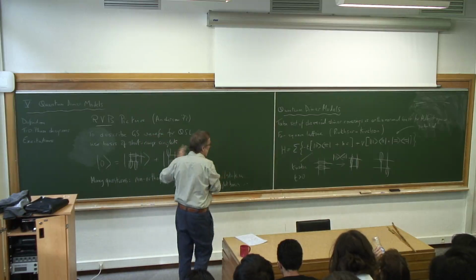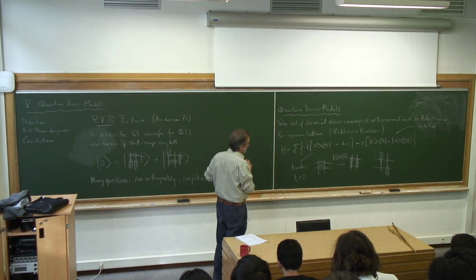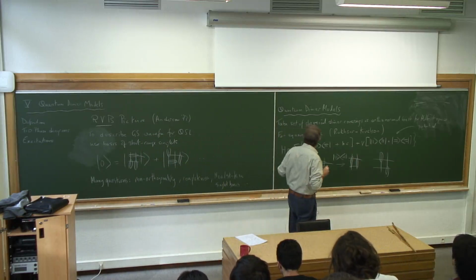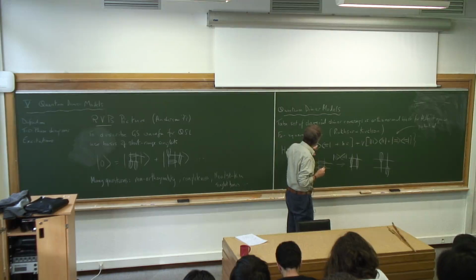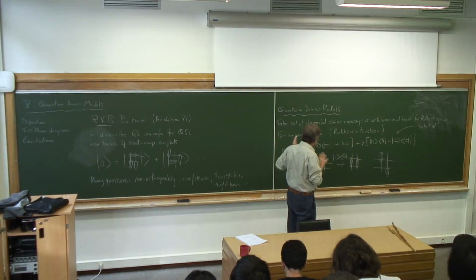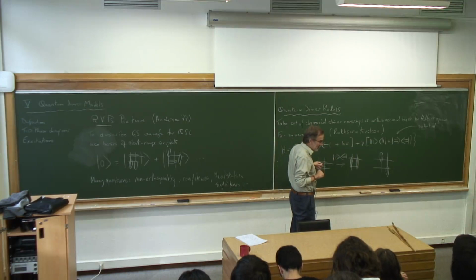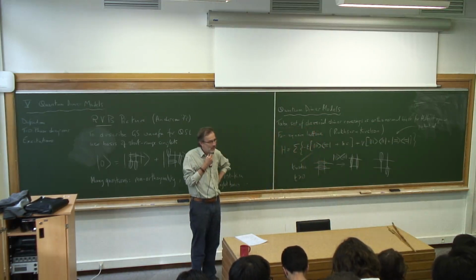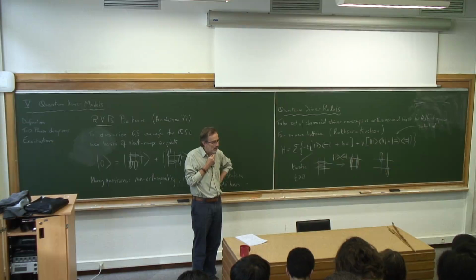But here we're just taking the kind of general spiritual motivation from that, but now we're simply saying that our basis states have no longer got anything to do with spins. They are these dimer configurations. What is the advantage that we expect by going to this dimer model language?